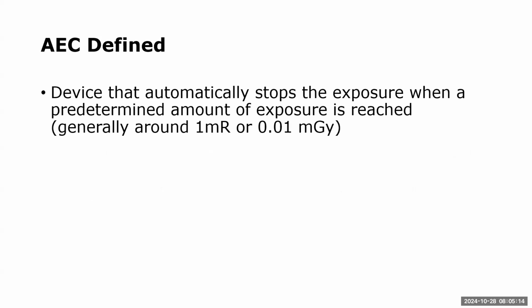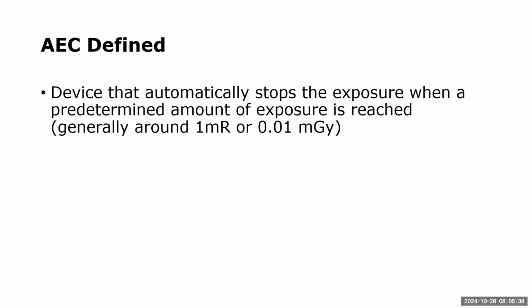So AEC defined. A device that automatically stops the exposure when a predetermined amount of exposure is reached. And generally that's going to be around 1 mR, or if we're using the newer units, 0.01 milligray air. Have a little a attached to that.